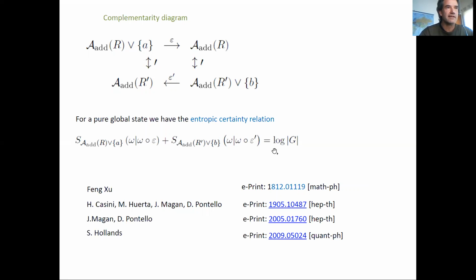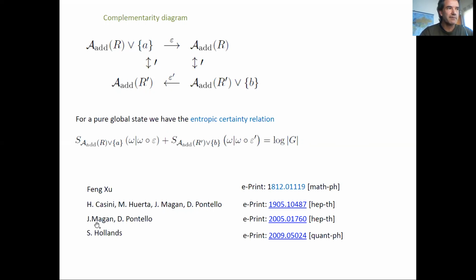In this case, it's just the logarithm of the size of the symmetry group. So this relates these two order parameters, of course, for complementary regions, not for the same region. Well, this property, we call it entropic certainty relation in our paper of last year.